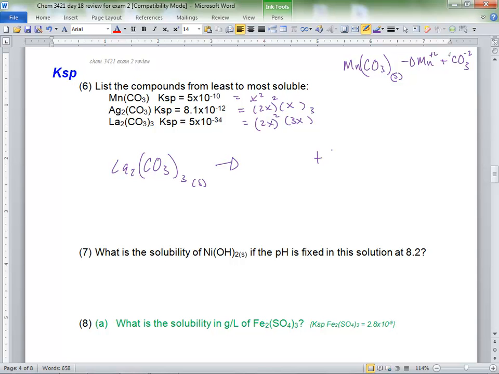If you can't, then just stop by and I'll review that. And remember, the lanthanum is going to be this charge. Carbonate has to be that charge. And I've got 3 carbonates, and I've got 2 lanthanums.